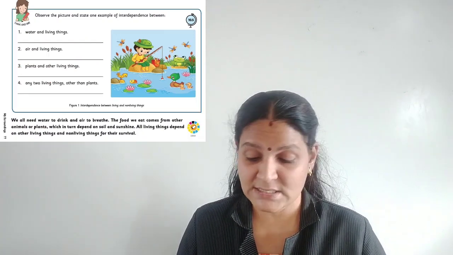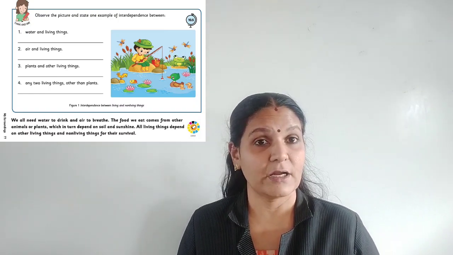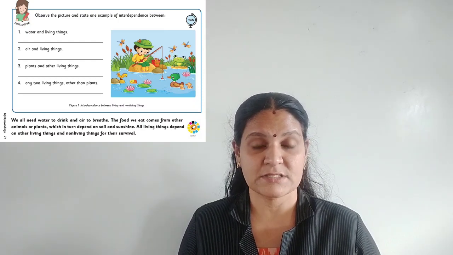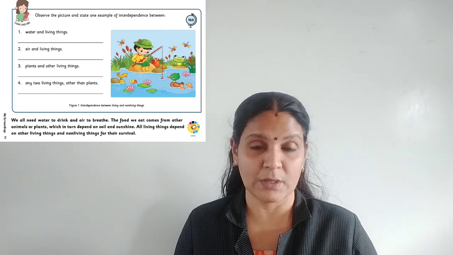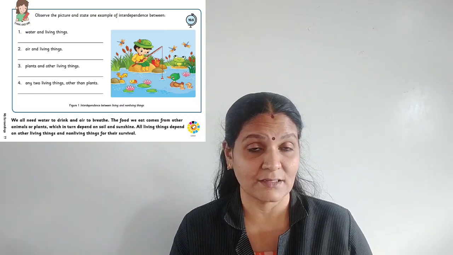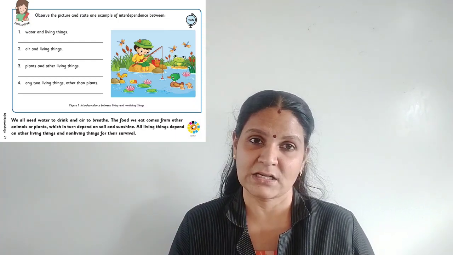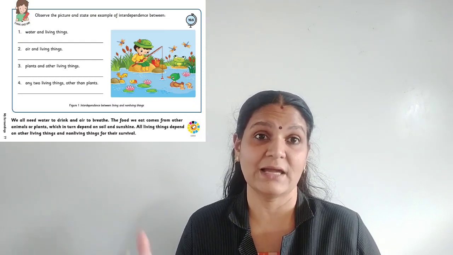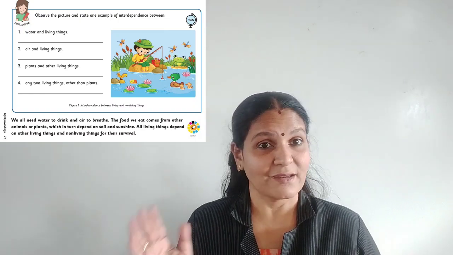So the conclusion is we all need water to drink and air to breathe. അല്ലേ, വെള്ളവും എയറും ഇല്ലാതെ നമുക്ക് ജീവിക്കാൻ പറ്റില്ല. The food we eat comes from other animals or plants which in turn depend on soil and sunshine. അപ്പോൾ ഈ ഫുഡ് നമ്മൾ കഴിക്കുന്ന ഫുഡ് എവിടെ നിന്നാണ്? എയ്തർ ഇറ്റ് ഈസ് ഫ്രം ദ പ്ലാന്റ്സ് ഓർ ഫ്രം ദി ആനിമൽസ്. അപ്പോൾ ഈ പ്ലാന്റ്സ് എങ്ങനെയാണ് സർവൈവ് ചെയ്യുന്നത്? യെസ്, ഇറ്റ് ഈസ് ഡിപ്പെൻഡിങ് അപ്പോൺ ദ സോയിൽ ആൻഡ് ദ സൺലൈറ്റ്. അത് രണ്ടും എന്താ, നോൺ ലിവിങ് തിങ് ആണ്. സോ all these are interdependent.